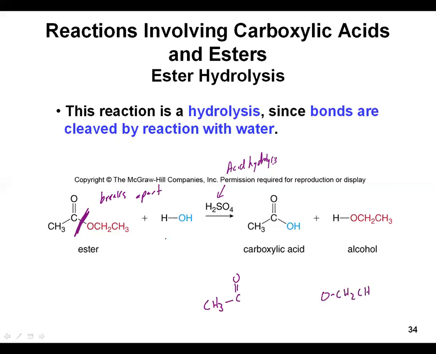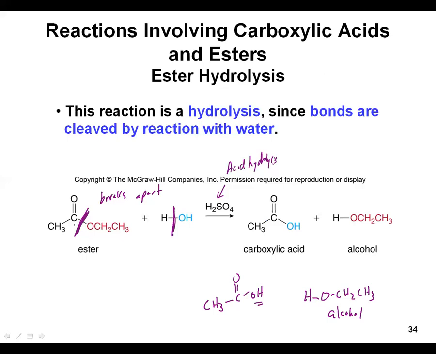We're going to put an H back onto here to get us to an alcohol, and to get this one to a carboxylic acid, we need to put the OH on. That comes from water. So this hydrolysis reaction is basically the reverse of that esterification reaction. We're going to take an ester and get back our carboxylic acid and our alcohol.